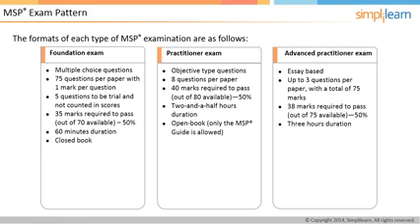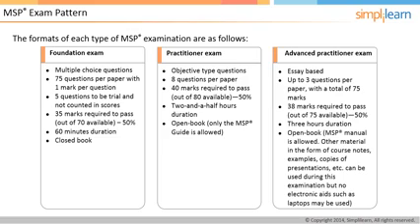The duration of the exam is 3 hours and is an open book exam. This means that the MSP manual is allowed. Other material in the form of course notes, examples, copies of presentations, etc. can be used during this examination, but no electronic aids such as laptops may be used.